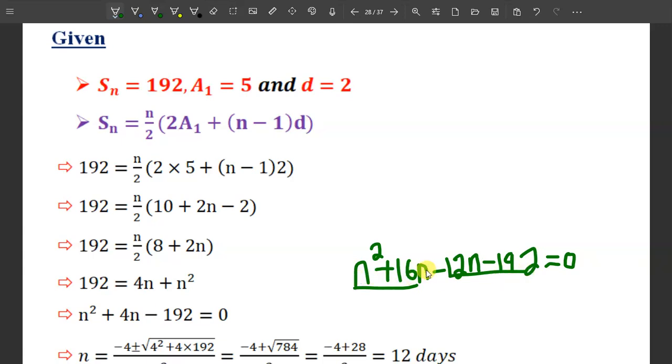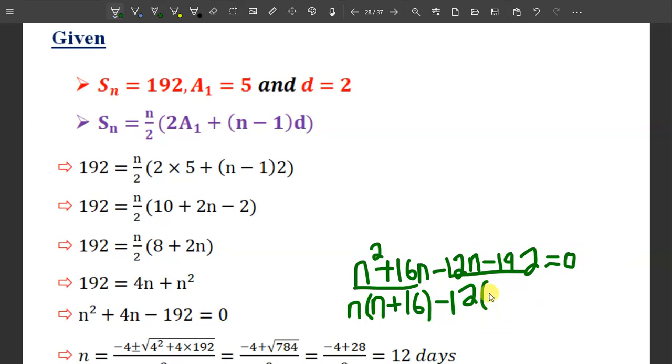What is common here? n is common, take out n. Here n plus 16 is left. Again take out minus 12 from here. This is minus 12 only.